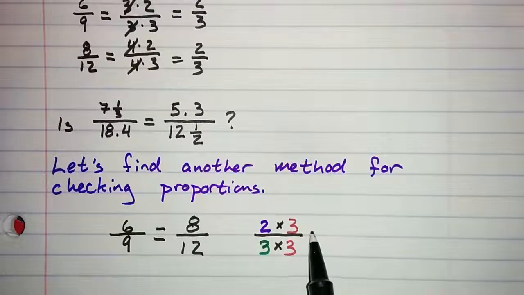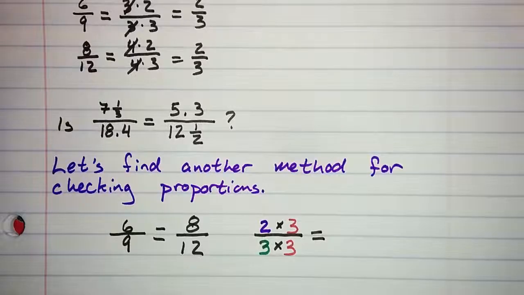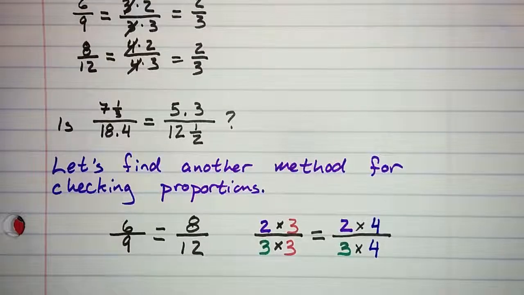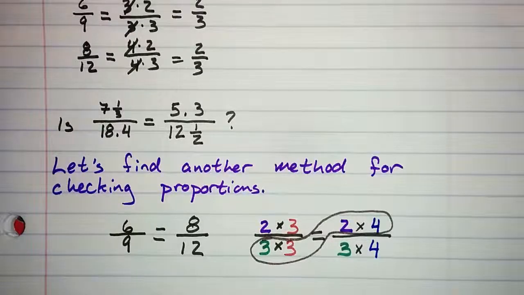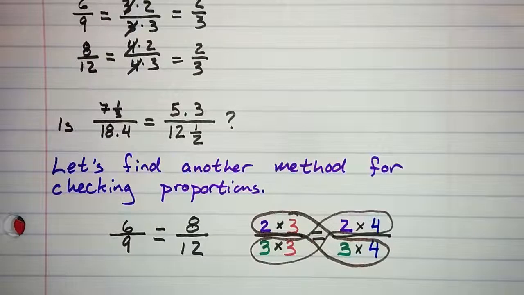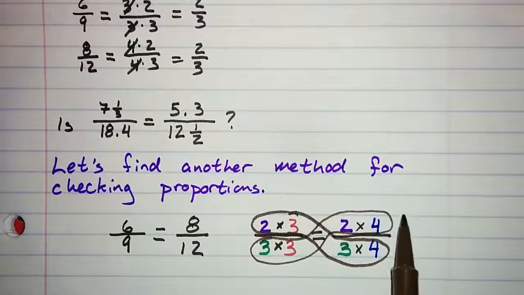On the other hand, 8 over 12 is 2 times 4 over 3 times 4. And now, looking at those factors, I want you to look at what happens when I multiply these two numbers together and when I multiply those two numbers together.